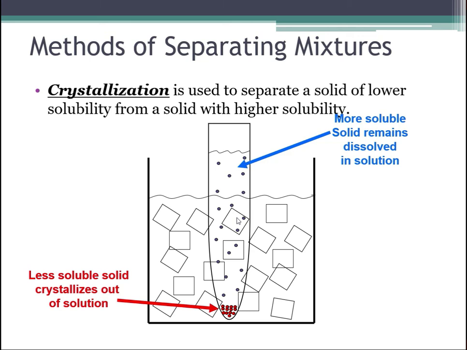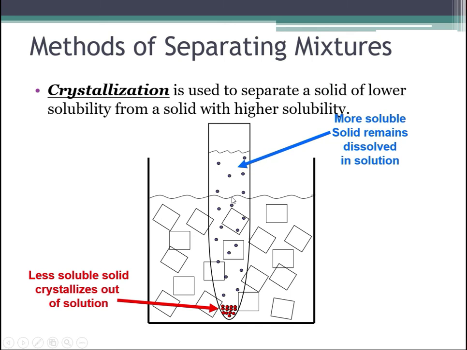So if I had a mixture of salt and aspirin and I wanted to separate them out, I could grind that stuff up really fine and dissolve it in some room temperature water. It would collect consistently throughout. And then when I put it into an ice water bath, the particles that are less soluble, in this case the aspirin, would fall to the bottom. They would crystallize out. That's called crystallization. You're turning it back from a dissolved component into a solid form based solely on its temperature and the fact that it has a lower solubility than the other materials.